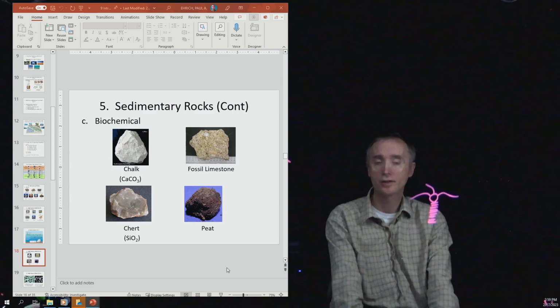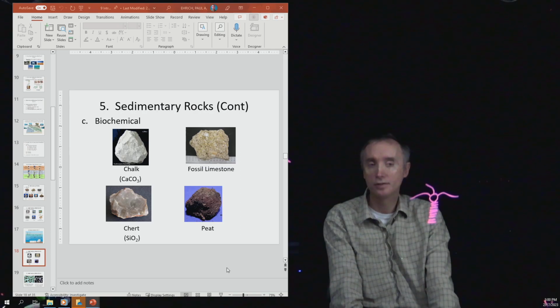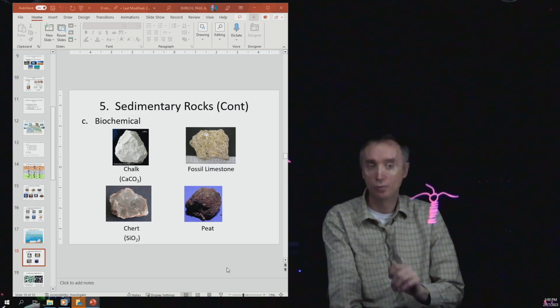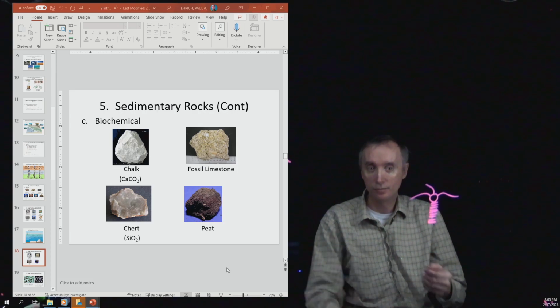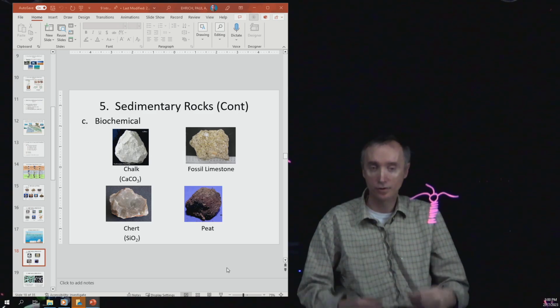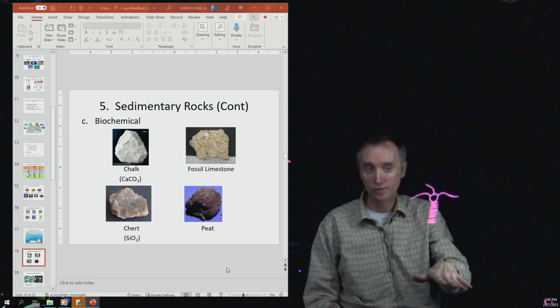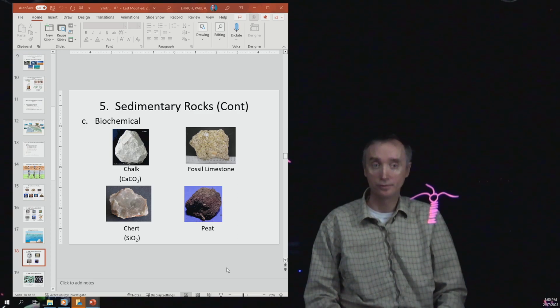One of the explanations for this is that they think it might have something to do with fresh water emptying into the ocean, and you've got a mixing of the water, and then the water can no longer hold on to that silica, so it precipitates down and makes the chert.